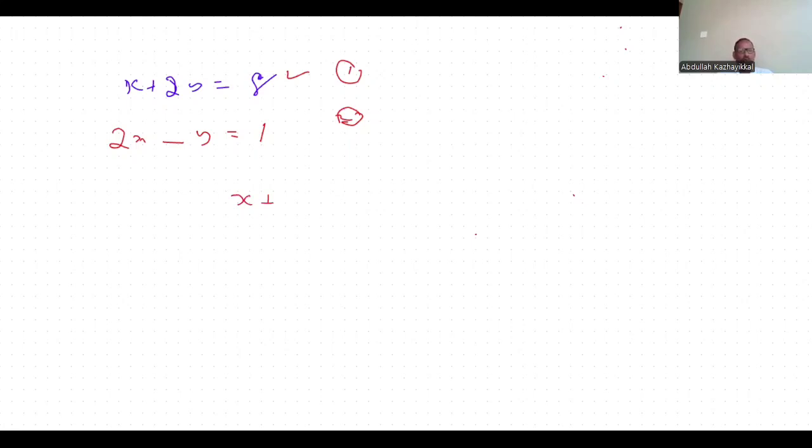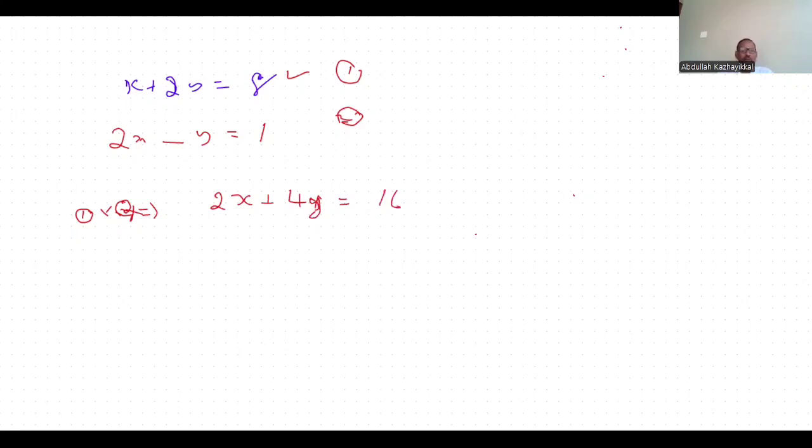Equation 1 into 2, that means you multiply by 2: 2x, then 2 into 2, 4y, is equal to 8 into 2, 16. Correct? Now this is the third equation.